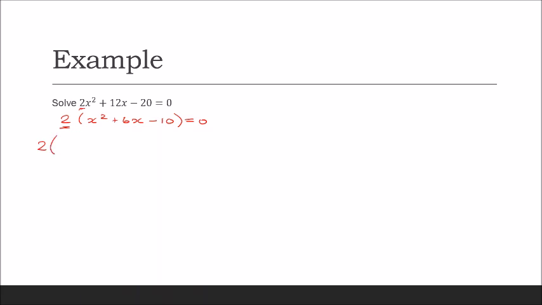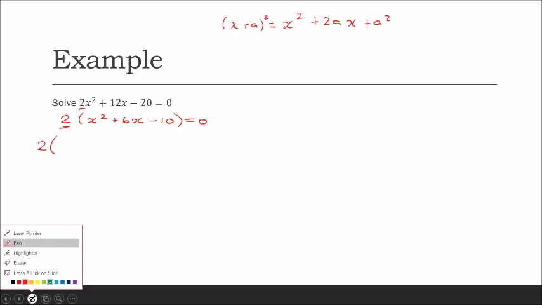Like last time, let's quickly write up our form at the top: x squared plus 2ax plus a squared, and that's (x plus a) squared. In order to get this, we are going to do the same thing we did last time. We're going to match them all up.